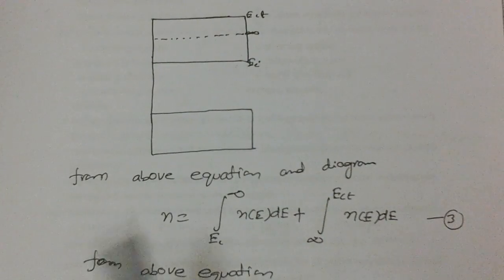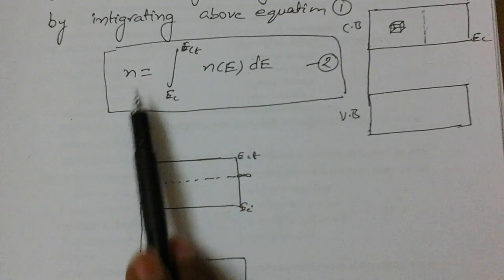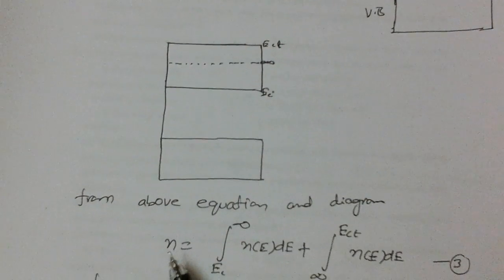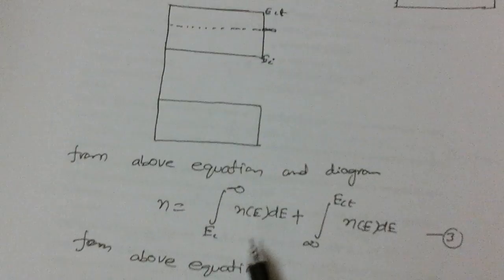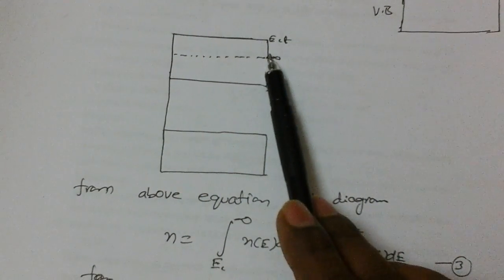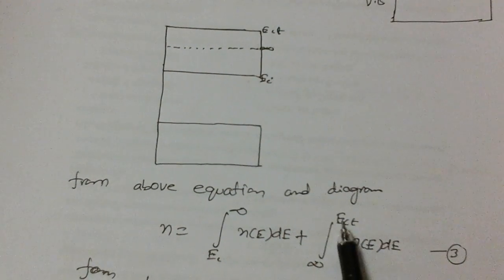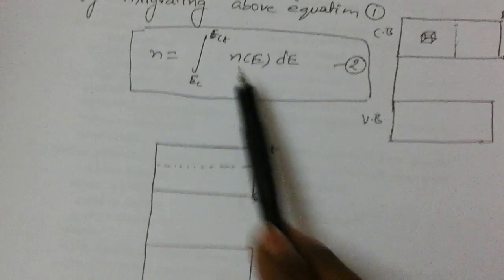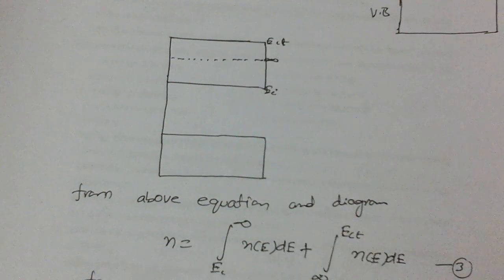From the diagram, n is as it is, and the integration from EC to ECT is split into EC to infinity and infinity to ECT of n(E) dE.